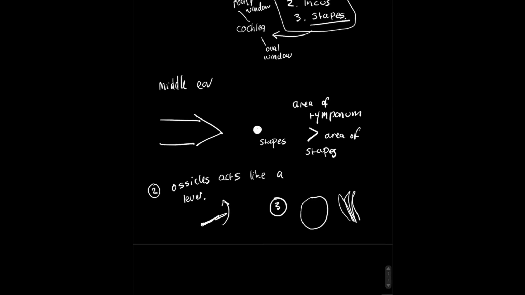But the main point, without deep diving into all of those mechanisms in too much detail, is that the middle ear is really about amplifying the sound for the inner ear.